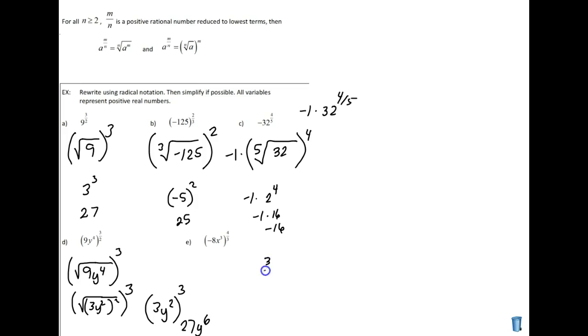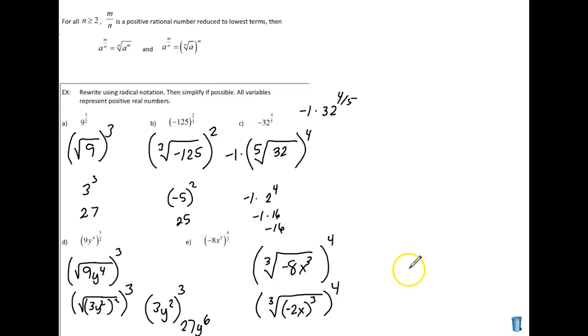And our last one, I'm taking the cube root of negative 8x to the third, and I'm raising that to the fourth power. Well, this becomes the cube root of negative 2x, all to the third power, and then that whole thing is raised to the fourth power.